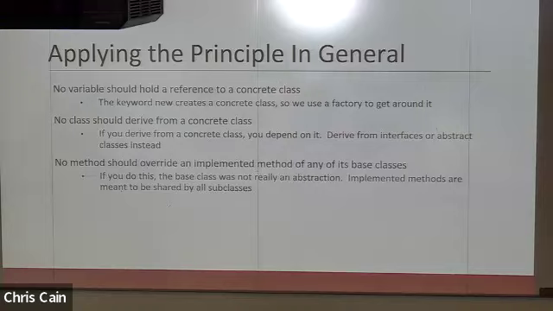Even if it's part of an abstract class, if you define behavior in that abstract class, you should not override that in classes that derive from it. You should leave it as abstract in the abstract class and then let the concrete classes decide that behavior.